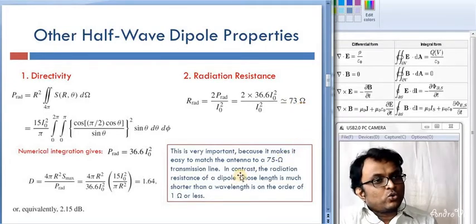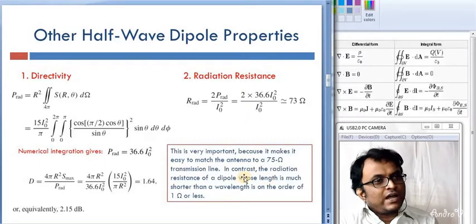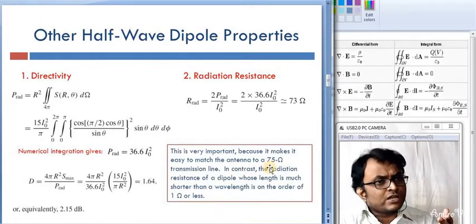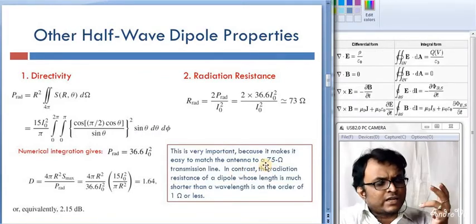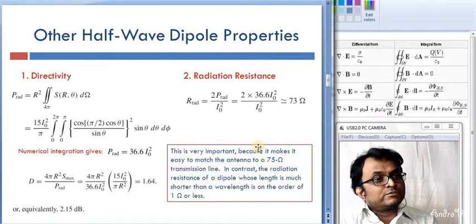Also, if we calculate this radiation resistance for a very small antenna, less than lambda by 10, say lambda by 50 or something, it will be less than 1 ohm only. So the radiation resistance is smaller for shorter antennas, and as the length of the antenna increases toward lambda by 2, the radiation resistance increases.